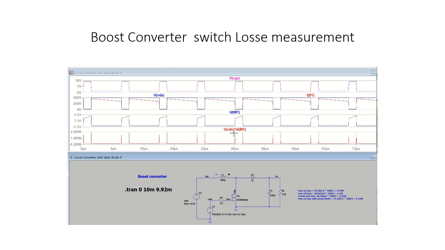So there is a power dissipation spike at the rising edge and also at the falling edge because of the turn on and turn off process losses. Now we'll expand these edges and find out the losses during the turn on and turn off process.